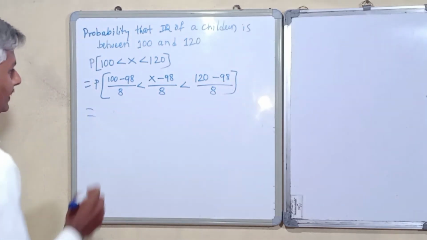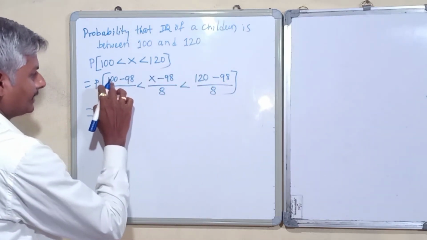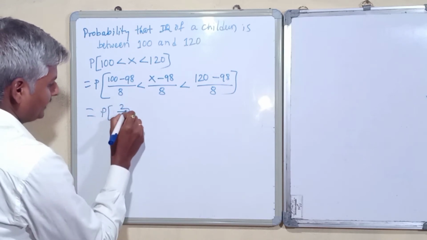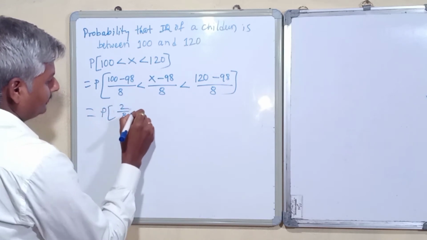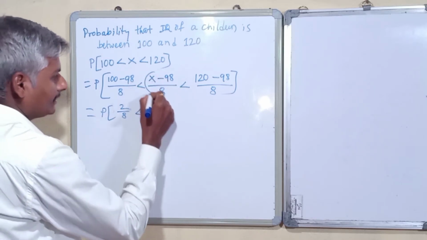Then we need to simplify this. 100 minus 98 is 2 divided by 8, less than x minus 98 divided by 8.